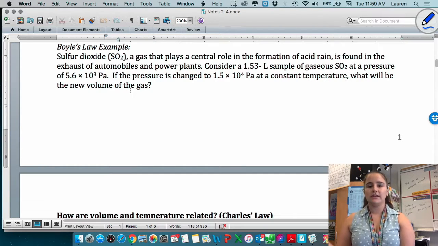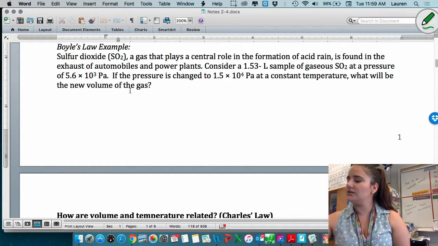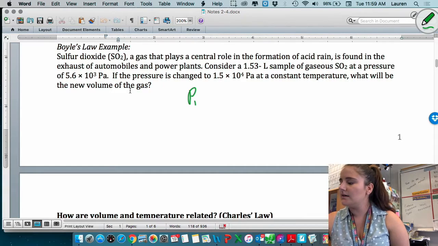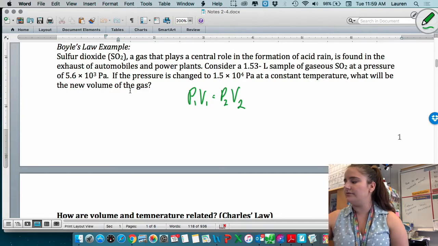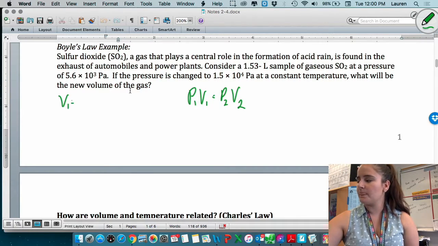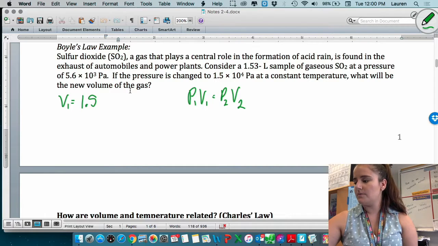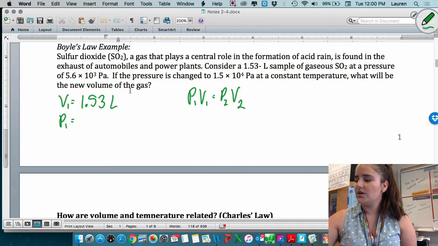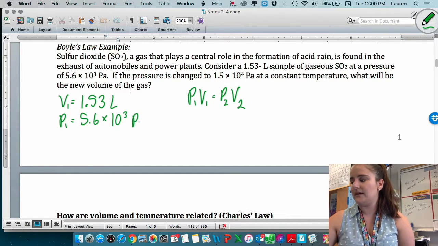Remember, our equation is P1 times V1 equals P2 times V2. So our initial volume was 1.53 liters, and our initial pressure was 5.6 times 10 to the third pascals.